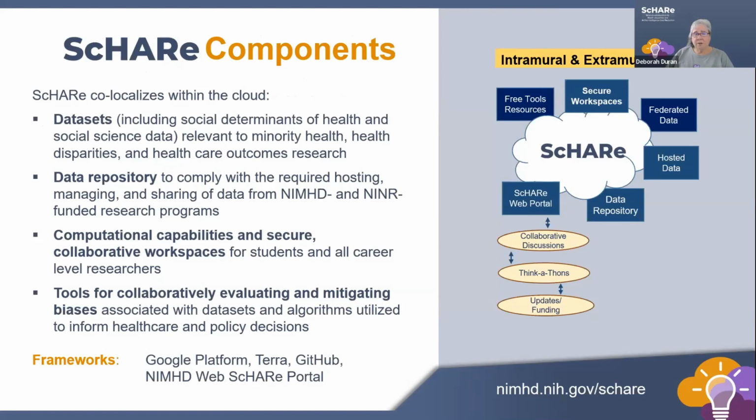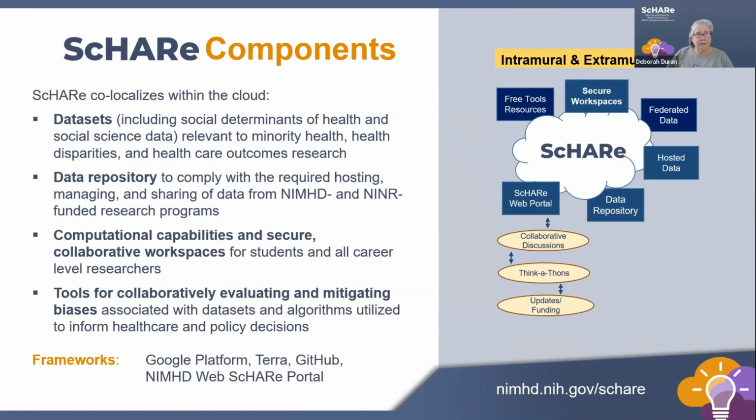ScHARe is composed of four main components. We have data sets. There are over 240, mostly focusing on the social determinants of health and behavioral, and I'll go over these in a few minutes, and some disease and disorders.